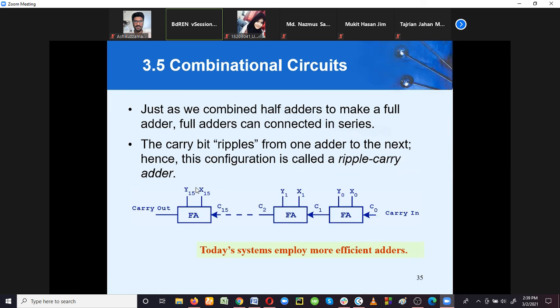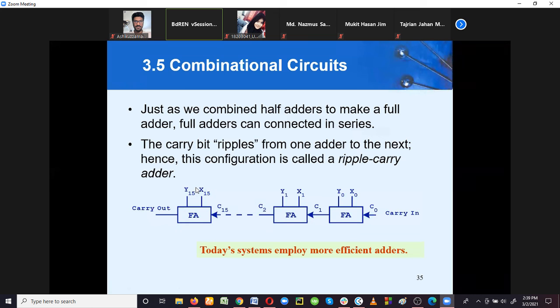Now, just as we combine half adders to make a full adder, full adders can be connected in series combination. The carry bit ripples. We already read ripples factor. Can anyone remember ripples factor from FEDS?